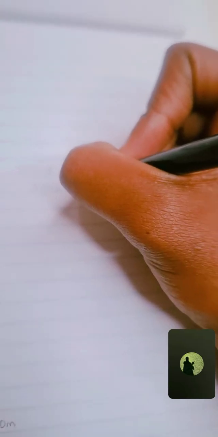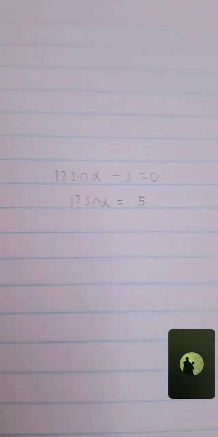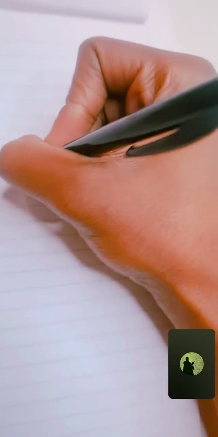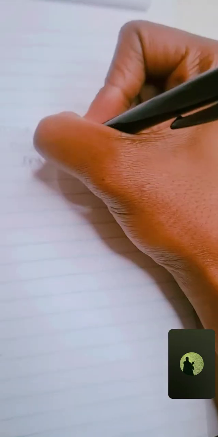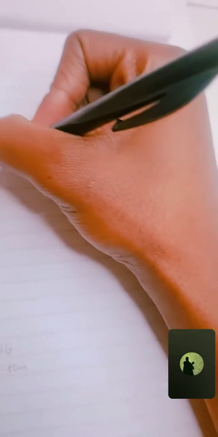We have to transpose the minus 5. Very good. It becomes 13 sin alpha is equal to 5. Then divide by 13 on both sides, which gives us sin alpha is equal to 5 over 13. So that is step 1.